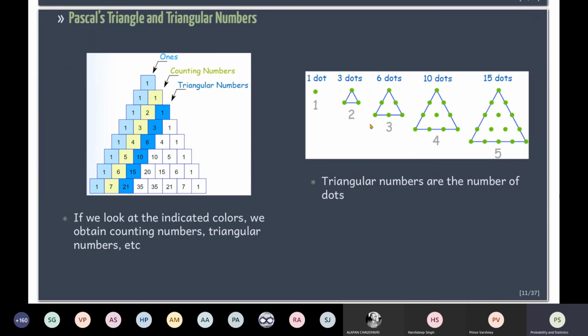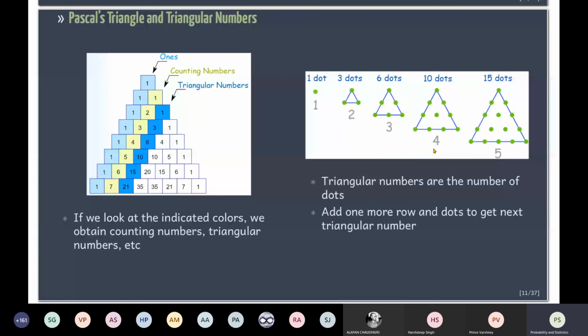I add one more row with one more point, and then one more, and then I just do this. Similarly, I add one more row, and then join the last point. The total number of dots that you keep getting is called triangular numbers.